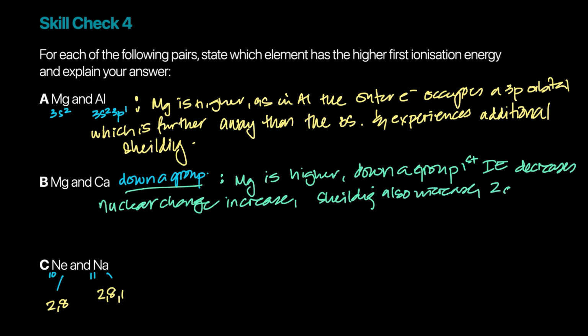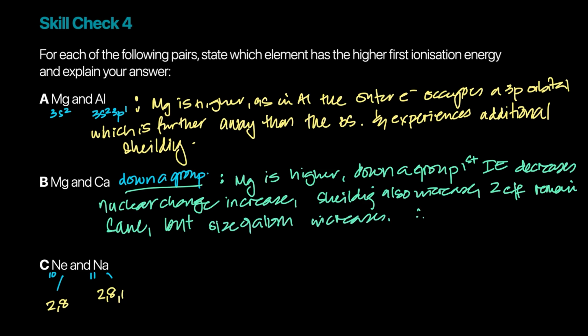You can say effective nuclear charge remains the same, but the size of atoms increases. Therefore, less energy is required to lose the outer electron, as it is further away.